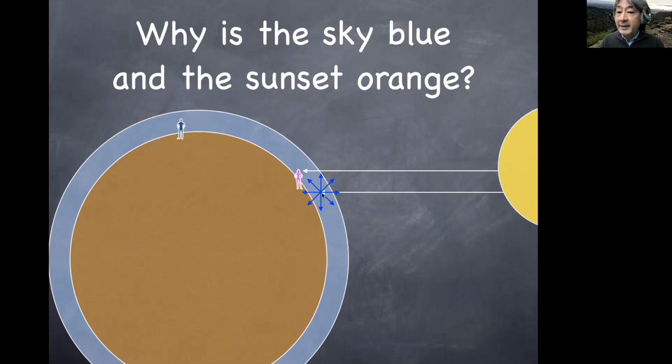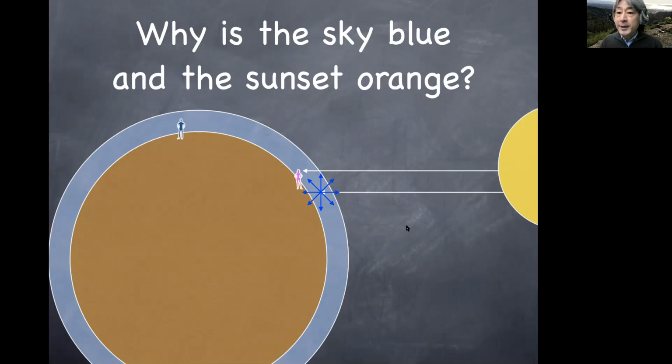You're looking at the air, but because the air scatters the blue light that goes into your eye, you see blue light coming from the air. And that's why the sky looks blue. The red light is 10 times less likely to get scattered, so you see 10 times more blue photons compared to red photons coming from the air. So it looks blue because of that. So that's the reason why the sky is blue.